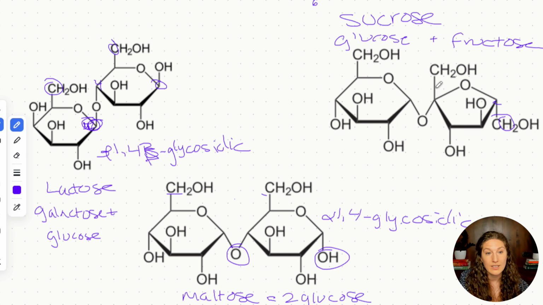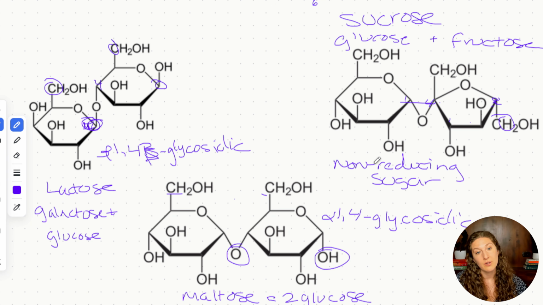So the important thing to note here with our sucrose molecule is we still have a 1,4 bond, right? But in this case, we no longer have a free hydroxy group bound to our next anomeric carbon, right? So this carbon 1 can't freely go ahead and just bind to other things. That means it is what's known as a non-reducing sugar. Reducing sugar, because often when we are doing reactions with sugars, it's oxidation reactions.